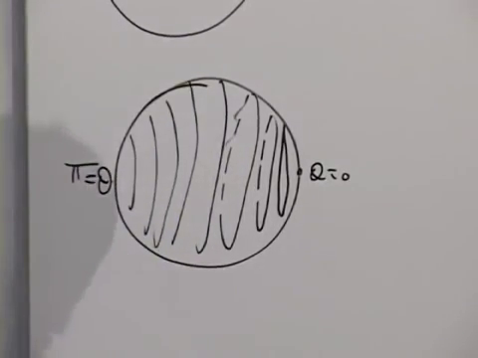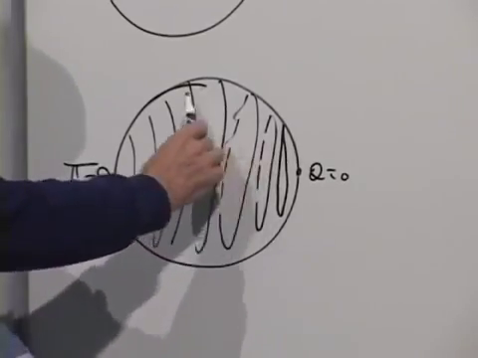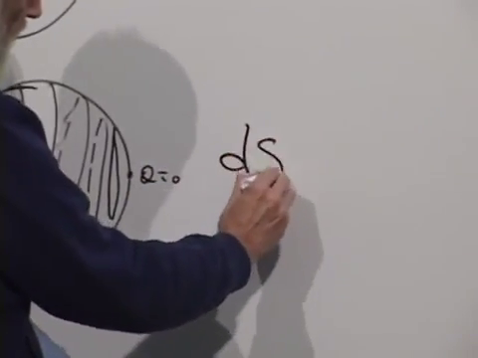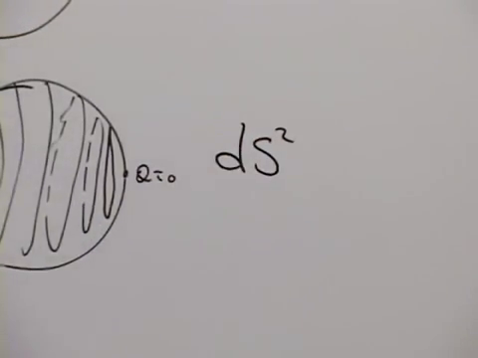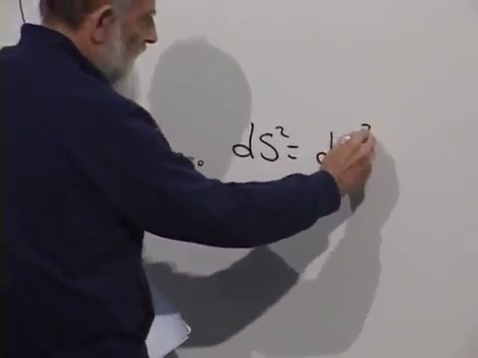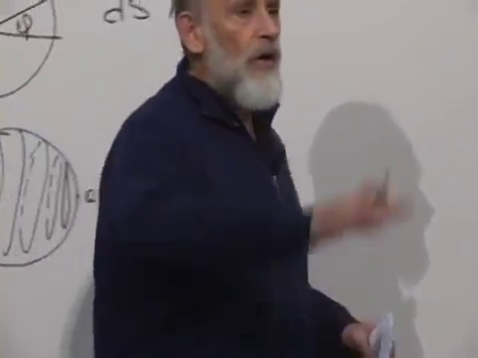All right, so let's try to write the metric now. It's not too hard to write the metric. First of all, if we move along the theta direction, then ds squared is just d theta squared. If you move along the north-south direction, the distance that you move is proportional to the angle that you move by.